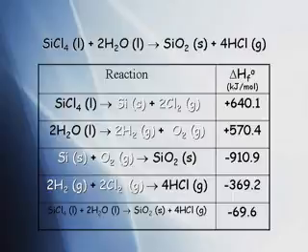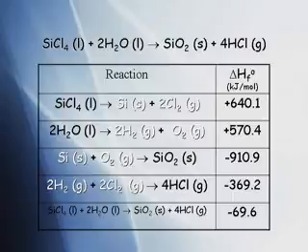And at this point, we should be ready to add together what's left. And when we do that, we have SiCl4 in a liquid phase plus 2H2O in a liquid phase will yield SiO2 in a solid phase and hydrogen chloride gas. Everything is balanced, so we know that we canceled what we needed to cancel.